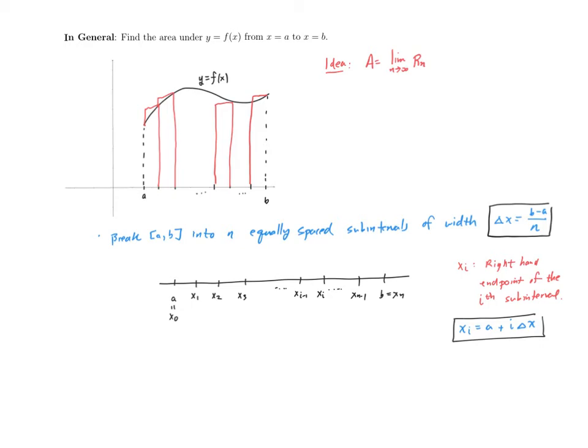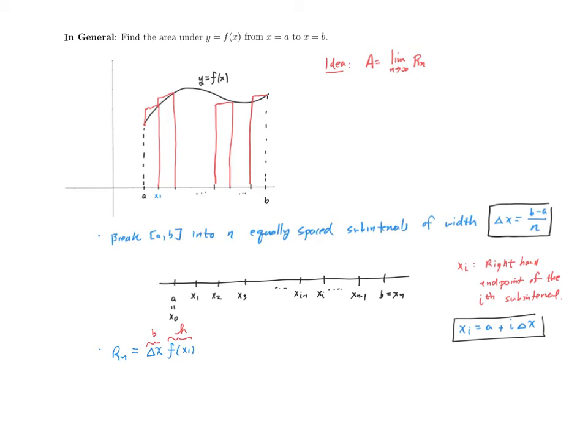So with that in mind, let's write down a formula representing R sub n. Working from left to right, the length of the base of the first rectangle and all of the rectangles is delta x. The height of the first rectangle is determined by substituting x sub 1 into the function. So delta x is a base, f of x1 is a height.